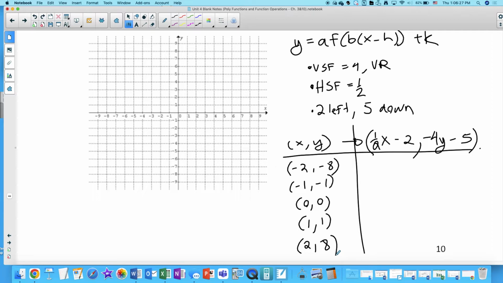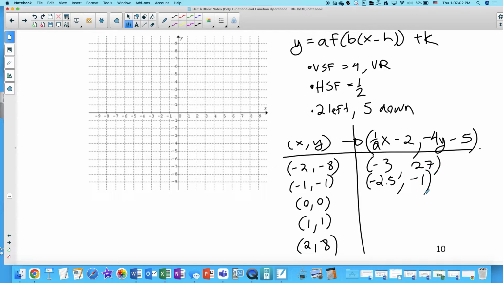Okay, so let's see. 1/2 times -2, so -1 minus 2, -3. Okay, this is going to be 32 minus 5, right? 32 minus 5 is 27. Okay, all right. This one, -1 times 1/2, -1/2 minus 2, -2.5, and then 4 minus 5 is -1.